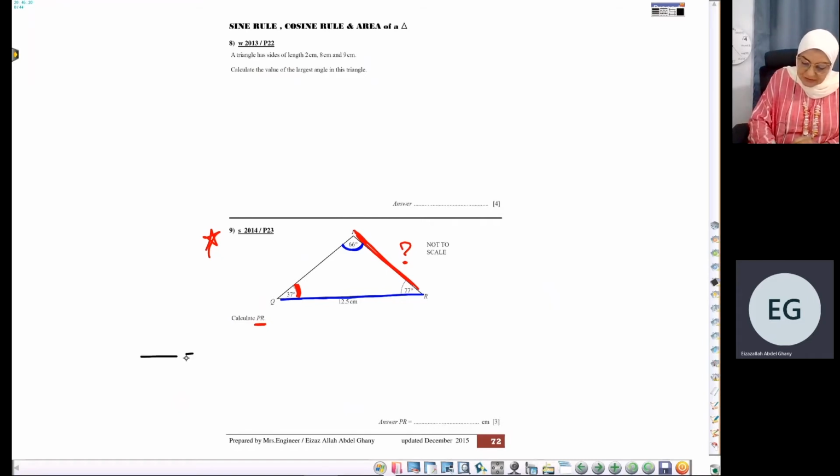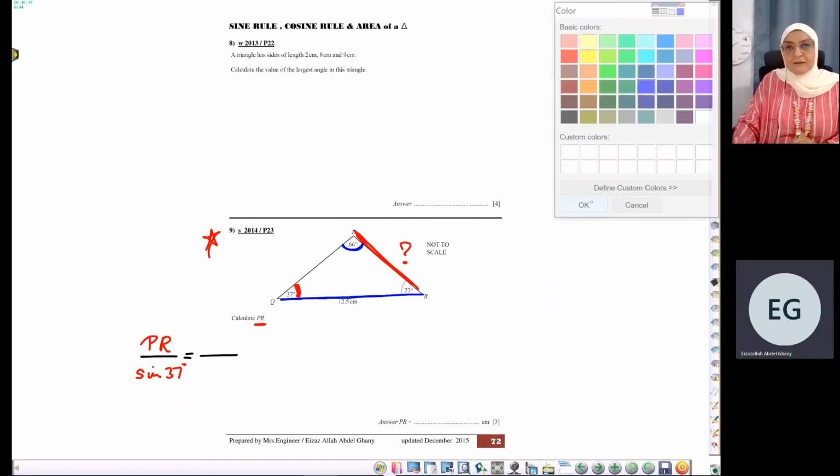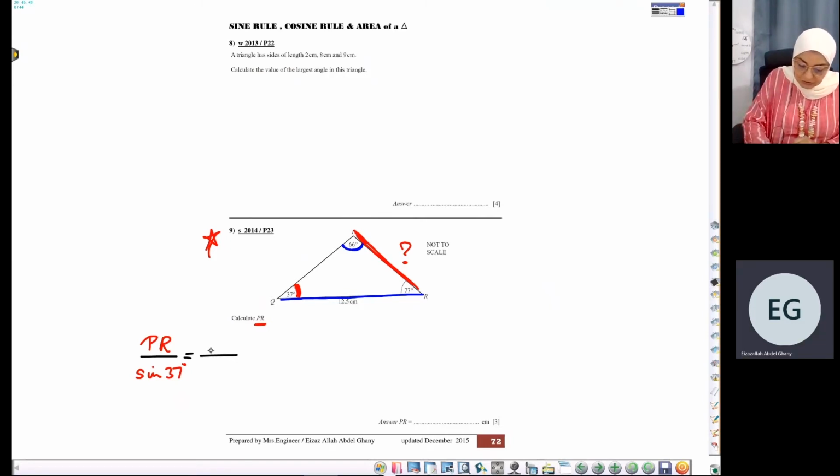Now dash equals dash. What shall I write? Side over sine. You want to start with the red one? Okay. PR over sine, the red angle, which is 37, opposite to PR, equals side over sine, the blue ones, side which is 12.5, over sine 66.